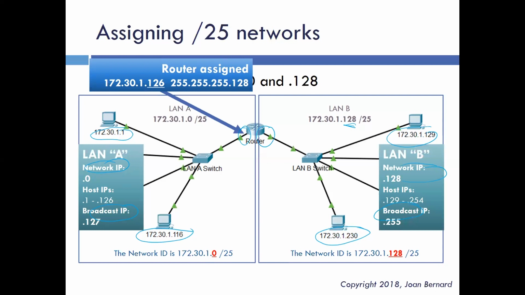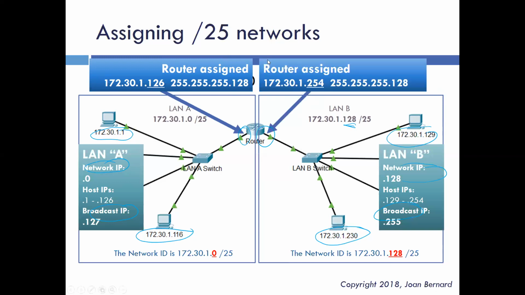Don't be confused by that subnet mask. In the next video, you will be introduced to a subnetting cheat sheet that will list all of the subnet masks for you. Next, we will assign LAN B's router interface the last host in LAN B subnet, 172.30.1.254. Again, the dotted decimal subnet mask for a /25 is 255.255.255.128.